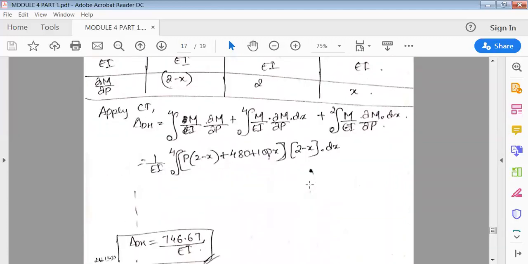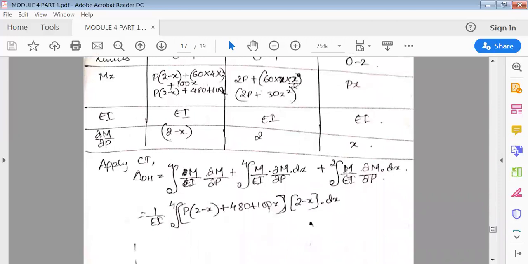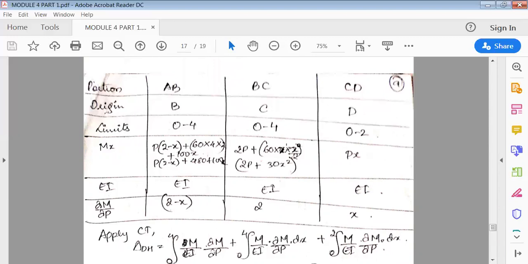Apply Castigliano's theorem and find out. So delta DH, the deflection at D which is horizontal, is equal to the integrals 0 to 4, 0 to 4, 0 to 2 of M into dou M by dou P, for each portion.